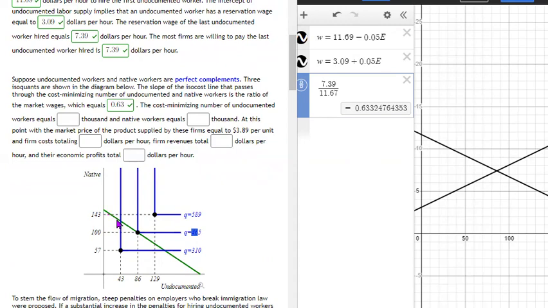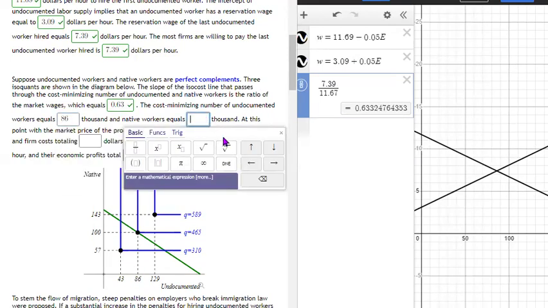And there are thousands, millions of isocost lines. They're all parallel to this one because of this wage ratio, right? Every isocost line is going to have that slope, right? So the cost minimizing number of undocumented workers would be 86, right? And that is 100 native workers.